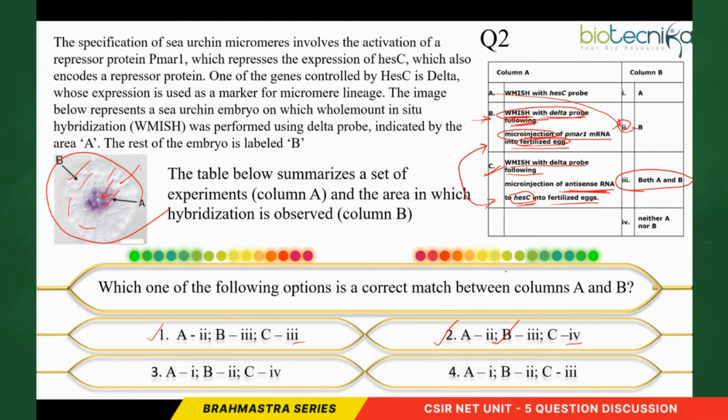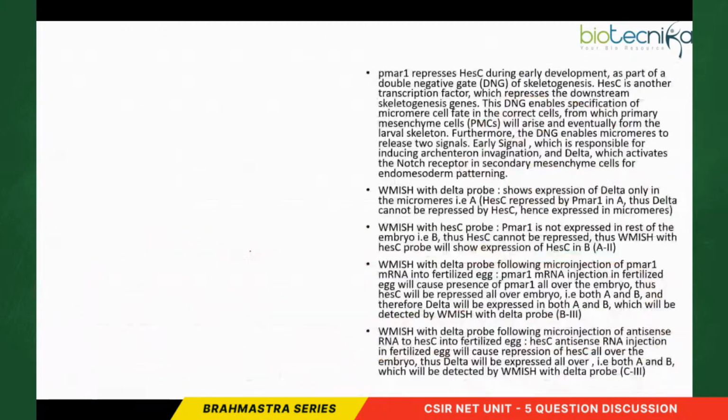If HESC is not present, then delta can be transcribed in all the cells, because you have injected antisense of HESC in the fertilized egg, so it would appear in all the embryonic cells, right? Because embryonic cells come from cleavage division of the fertilized egg only. So you will not find HESC in any of the cells. That is why delta will be able to be transcribed in all the cells. So C also will be 3. Okay, so that is why option 1 is the right answer.